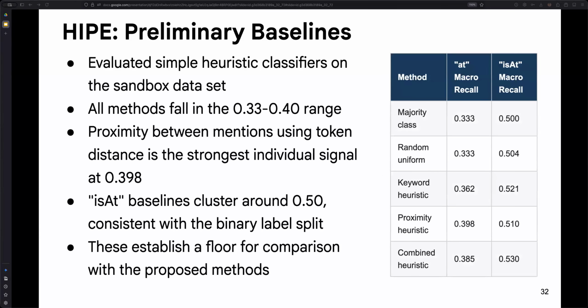So what I found from some basic simple heuristics, just to have more of a floor for comparing other methods that we would explore, was that looking at the distance between the person and place showed the strongest signal, but it still wasn't really that strong.